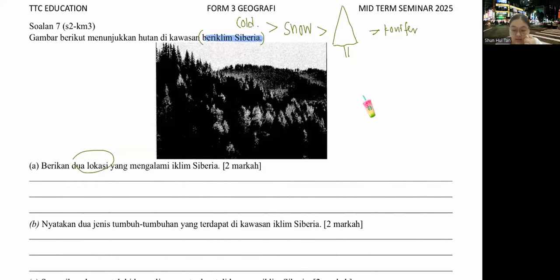Now, you can see not all the area that has snow means conifer, yeah, dear. Yes, Uttara Asia. So you can say Uttara Asia. Dan Poland or Germany. Poland, Germany also can, okay? It's acceptable.